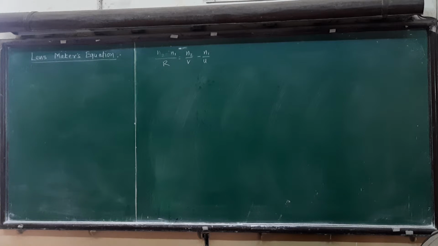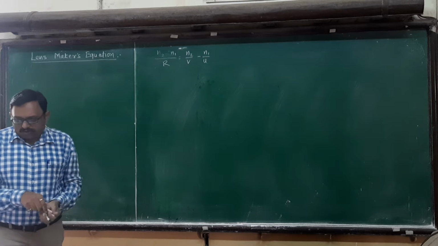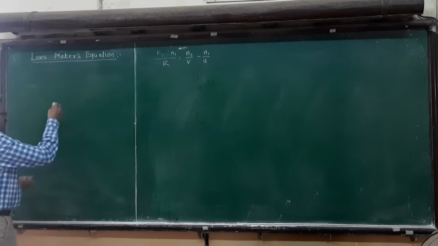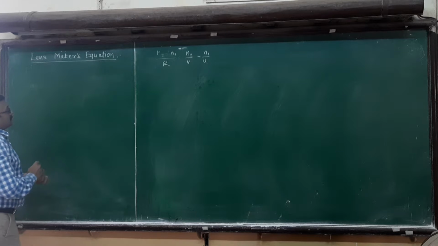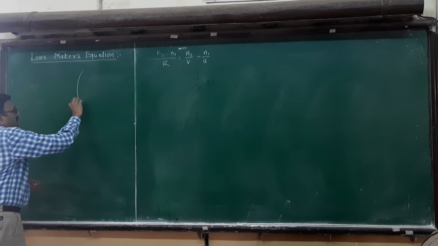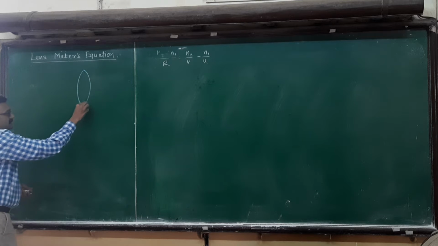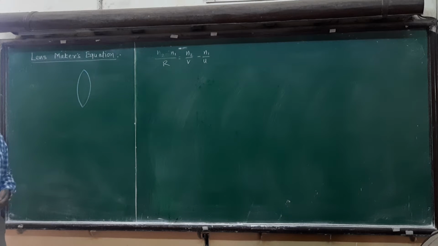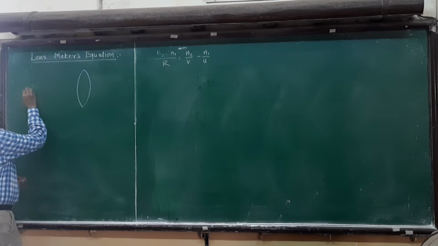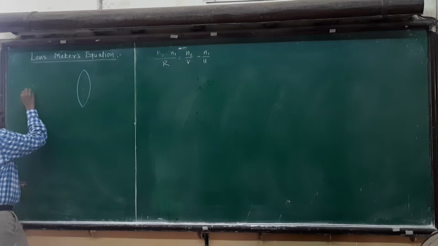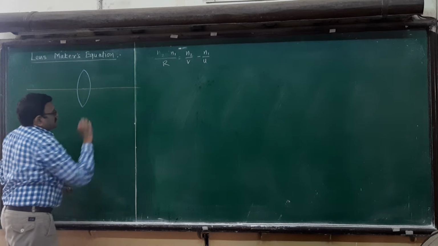Now for that we require curved surfaces. Those curved surfaces are considered as a lens. This one is a lens, having the first curved surface and the second curved surface. A line which passes through the centers and the poles is called the principal axis.